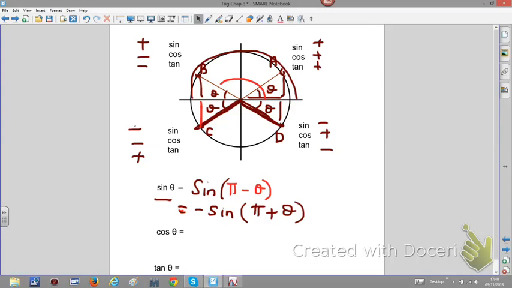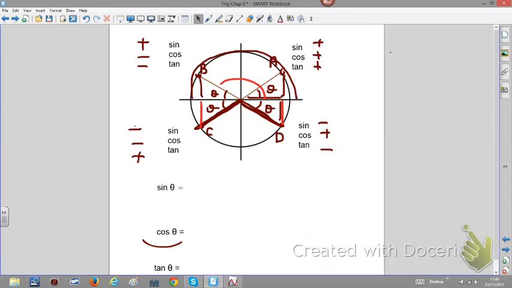And another one would be this one here, which again is negative. So it equals minus sine, this time of 2 pi, or 360, minus theta. And those would be the 4 different values that give us the same sine value. 2 of them are positive and 2 of them are negative.